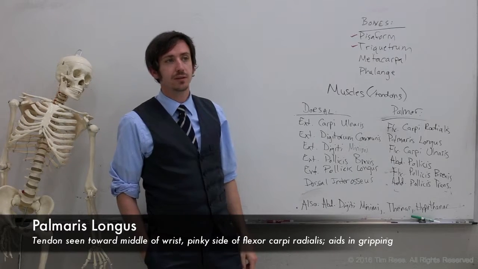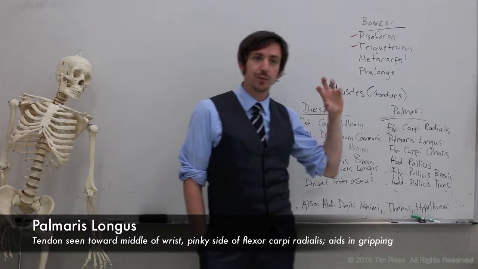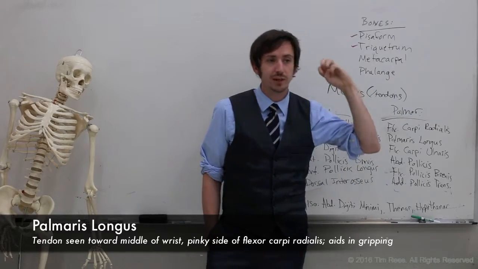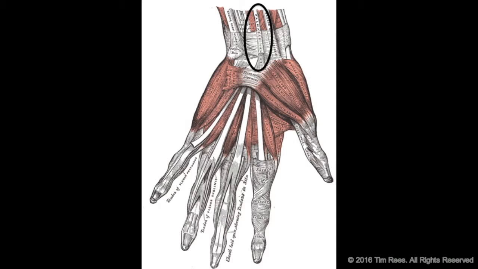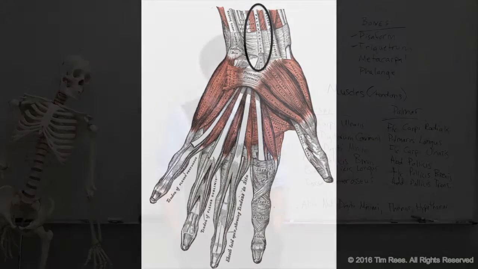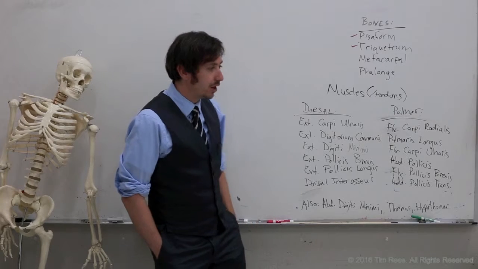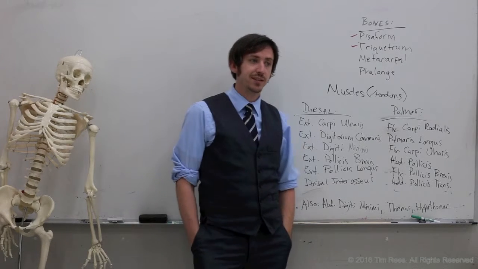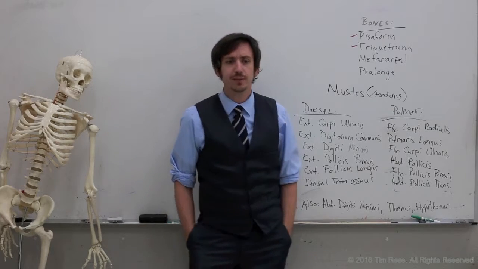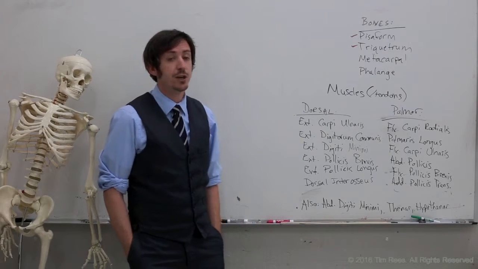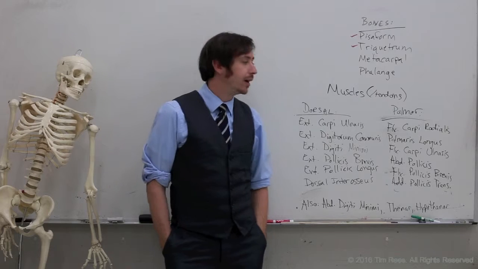We used it when we needed strong gripping and holding power, so swinging from tree to tree, holding ourselves up, we required the palmaris longus. Over many thousands of years, it's becoming less and less necessary, and it's being phased out. So now it's in something like 12% of the population. You may or may not have it.